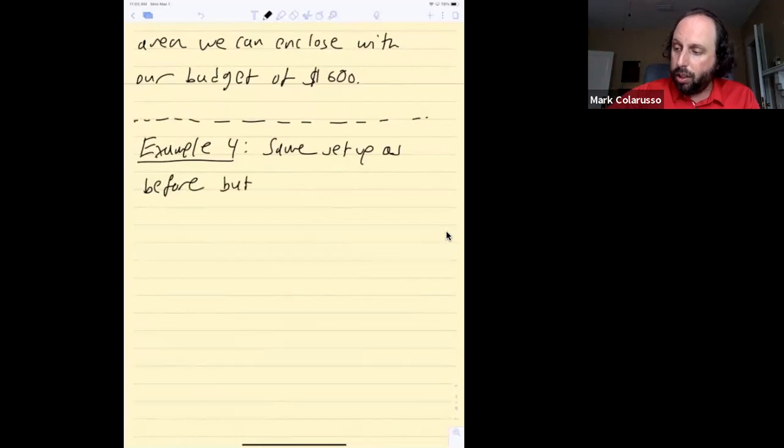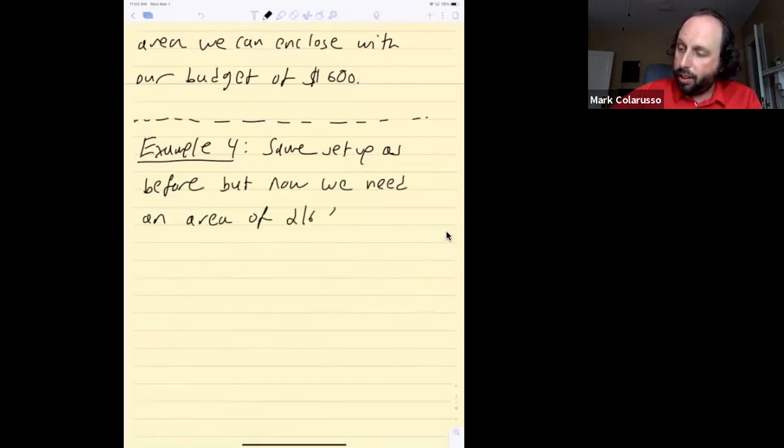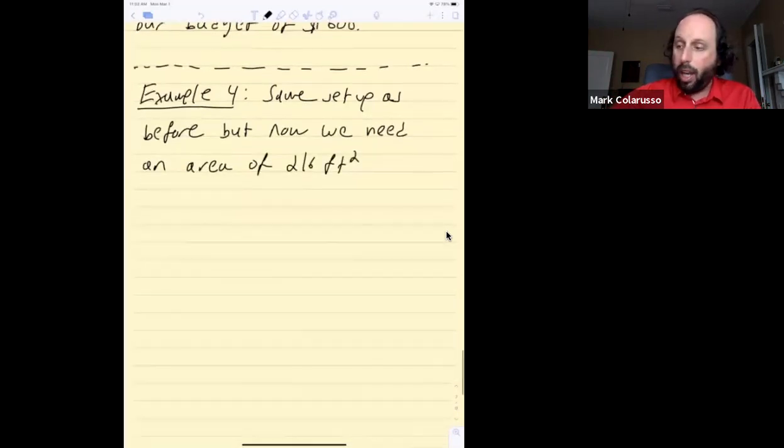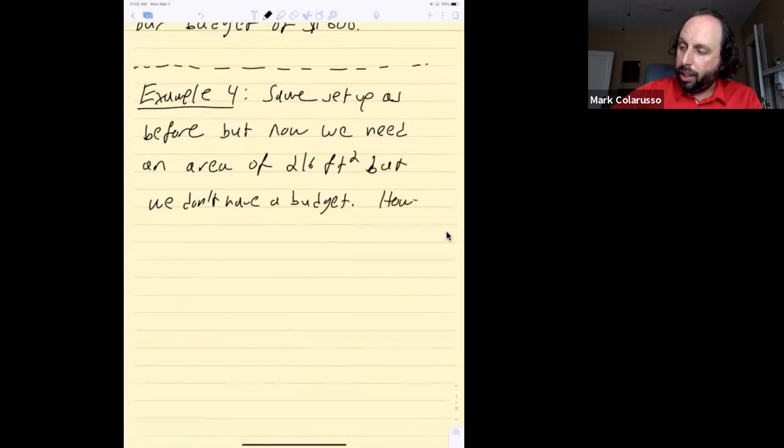But now we need an area of 216 square feet, but we don't have a fixed budget. However, it would be kind of wasteful of us not to try to minimize costs, right? So we still want to minimize costs.